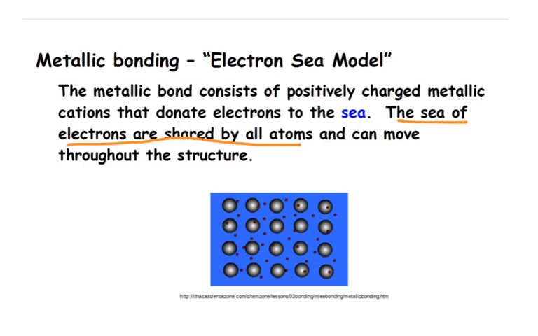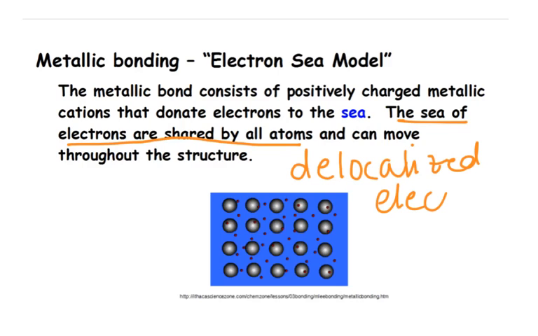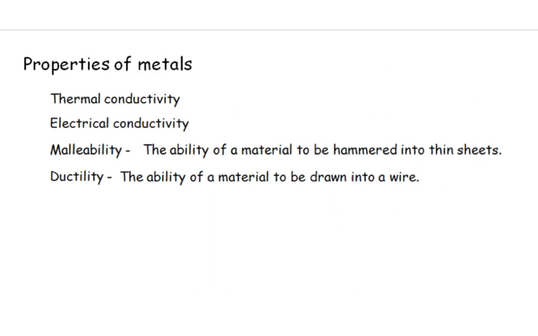So they are called delocalized electrons because they aren't centered around any particular atom anymore. They are not localized around any particular atom. They are delocalized. Because of this, it leads to some pretty interesting properties about metals.